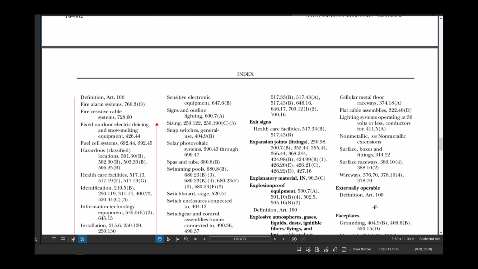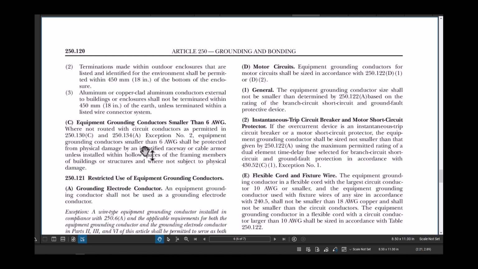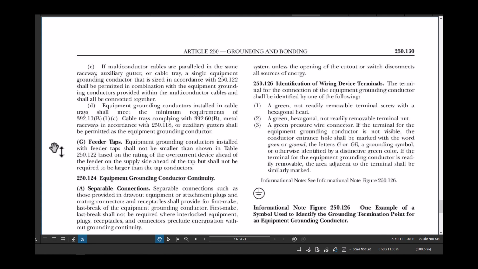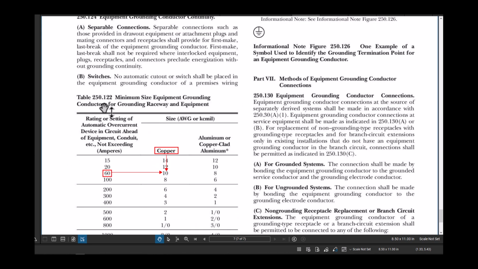And if we go to the article, 250.122, size of equipment grounding conductor, when you read through, it says shall not be smaller than shown in table 250.122. When we go to the table 250.122, we're talking about minimum size equipment grounding conductor for grounding raceway and equipment.